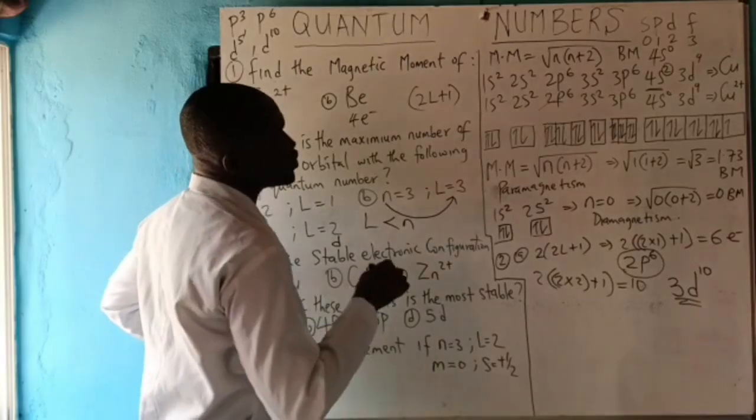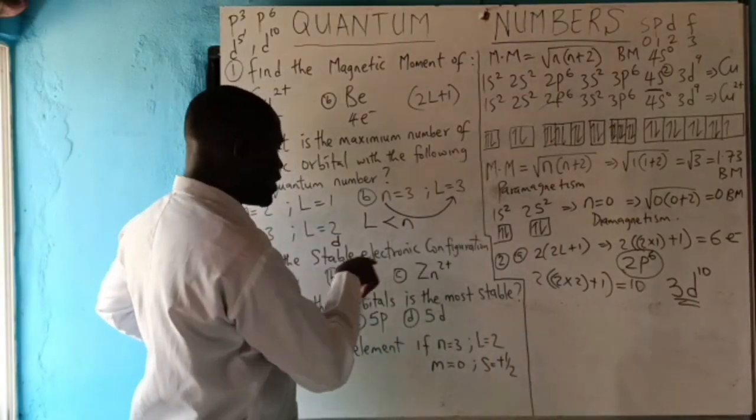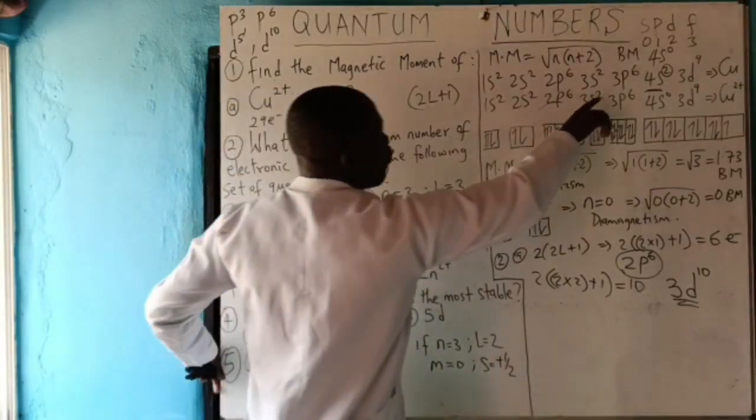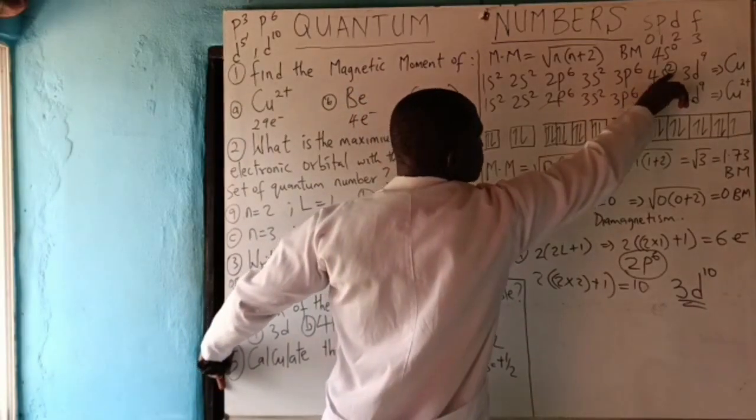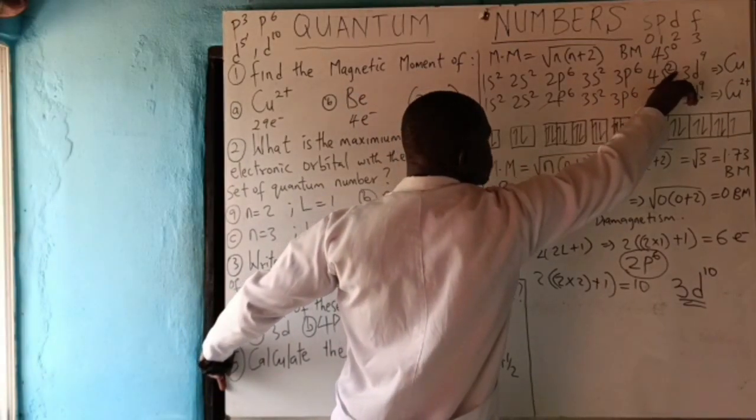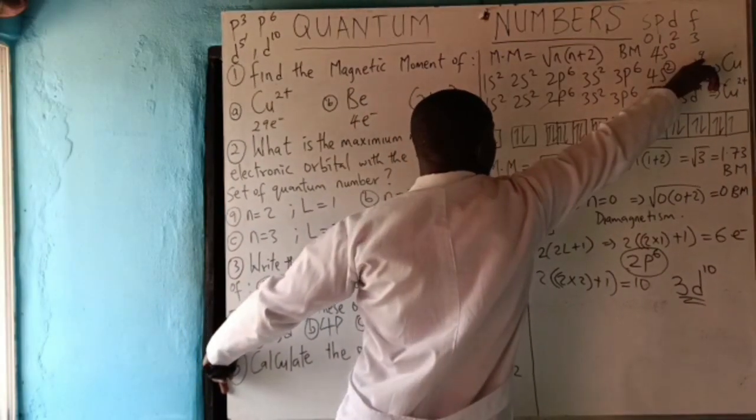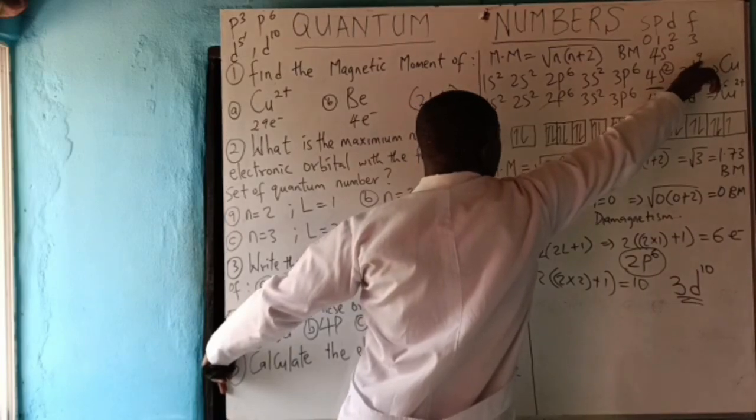Now for us to say that copper has a stable electron configuration, one electron from 4s2 will jump and enter this d orbital to make it 10.